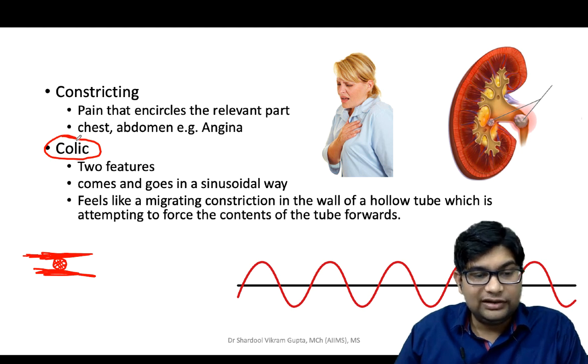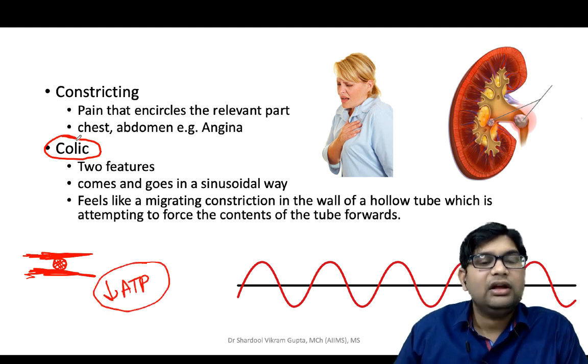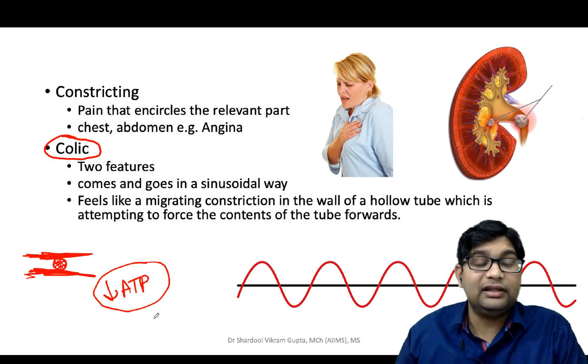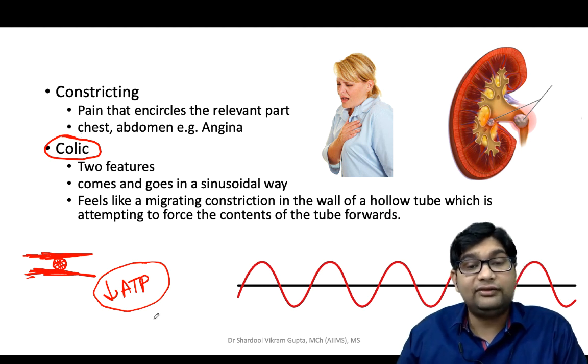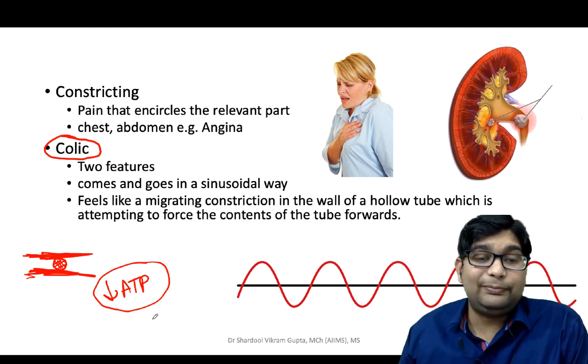So the muscles keep on contracting, but there is reduction of ATP after some time, and there is reaccumulation of ATP for some time, and then again the muscle is trying to relieve the obstruction. So in this process, the pain which occurs is known as colicky pain.